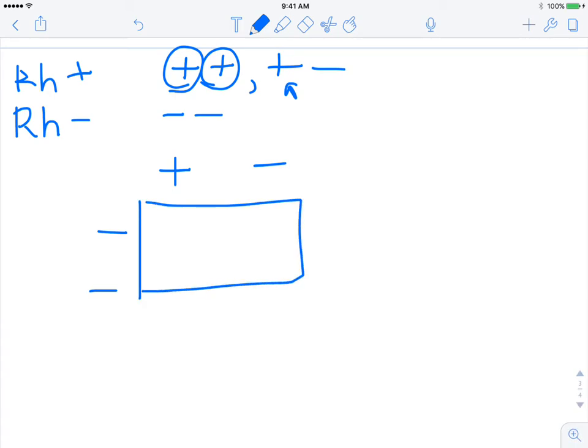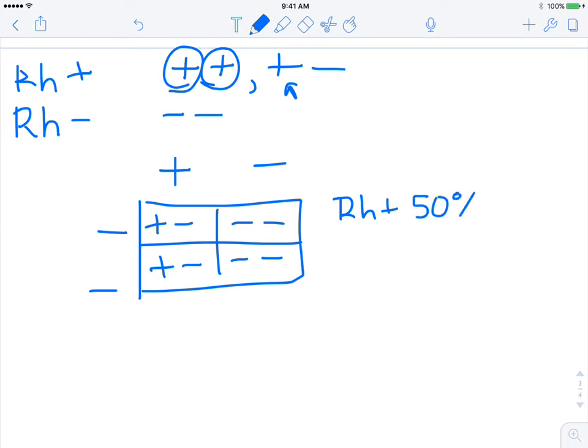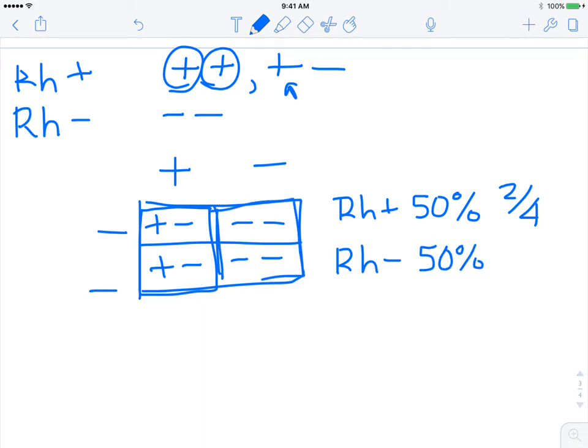So we just set up our two alleles this way, and this possibility is Rh positive, we've got a positive and a negative, and then these are negative. So the probability of their offspring being Rh positive would be 50%, or 2 out of 4 squares. And the probability of being Rh negative is also 50%, because 2 squares out of 4 are negative.